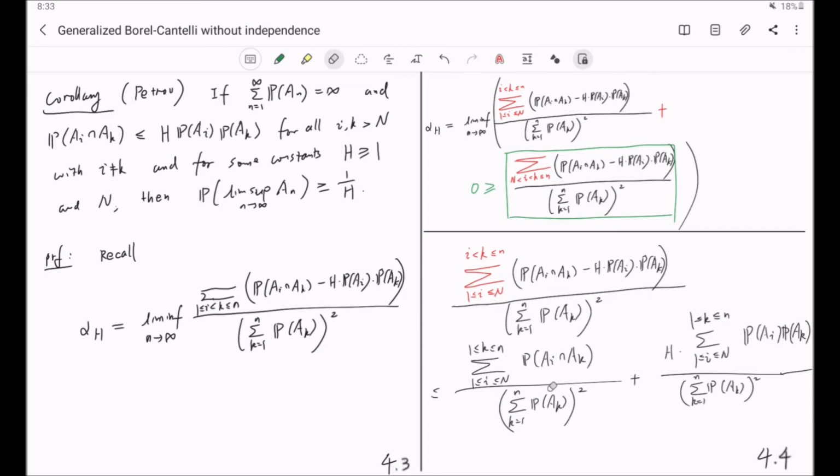Now, the numerator of the first part can be further majorized to the probability of just AK. Because previously you had the intersection, now remove AI. And you can do the same thing for the second part. You remove P of AI.